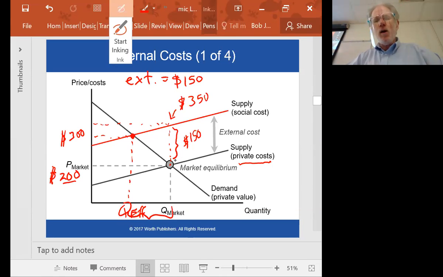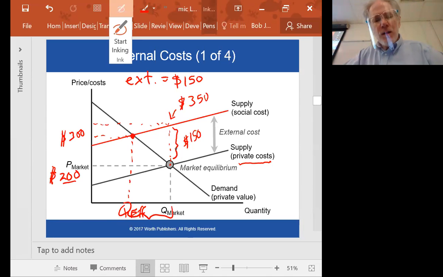They're bearing a cost of $150, and nobody's taking that into account. A resource is being used, the environment. There's a cost of using the environment to dispose of chemicals, but nobody is taking that into account. That's the essence of why you get a bad outcome.